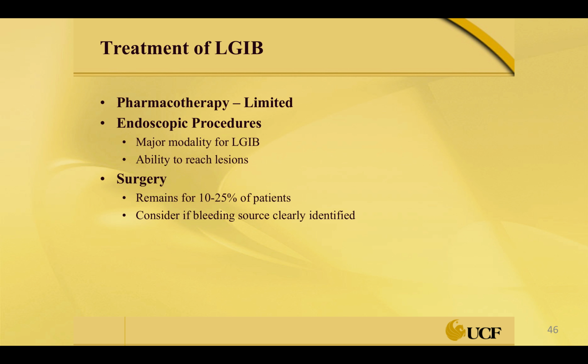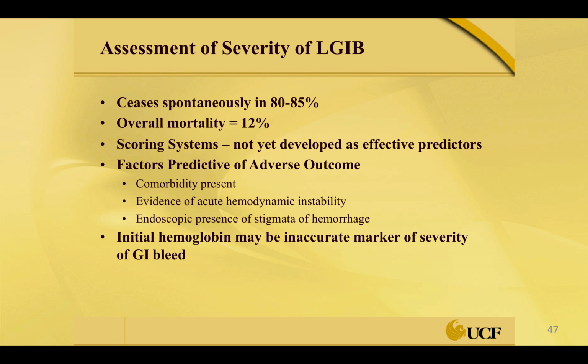Surgery is left for complicated cases or those non responsive to other treatment interventions, and remains the choice for 10 to 25% of patients. So surgery is really the treatment of choice if the bleeding source is clearly identified and cannot be addressed by other modalities of treatment.